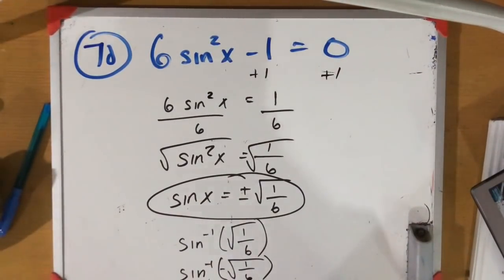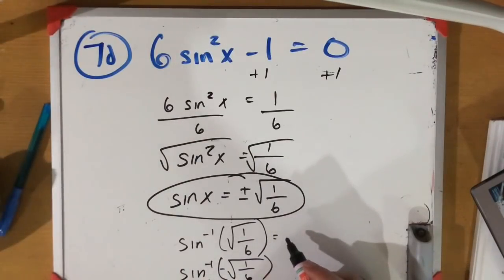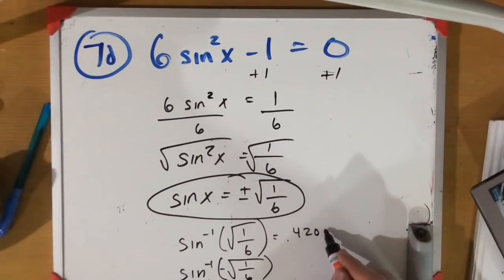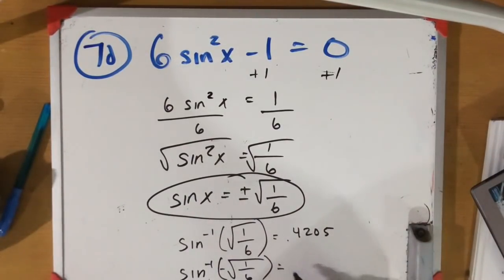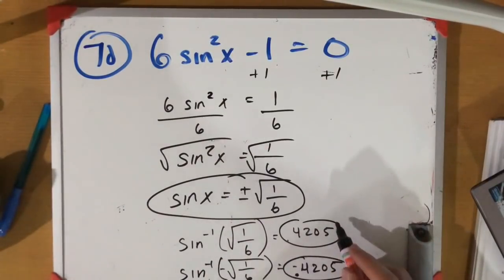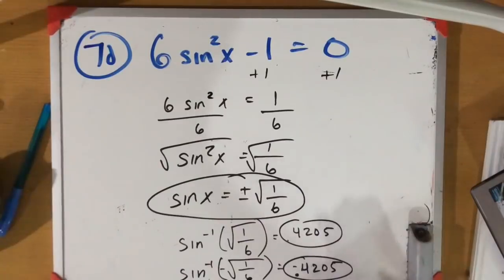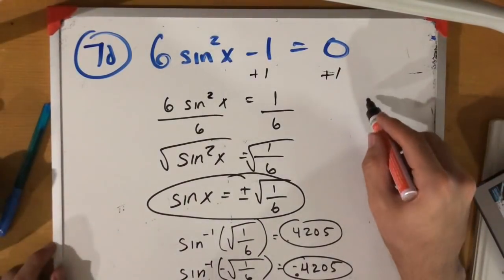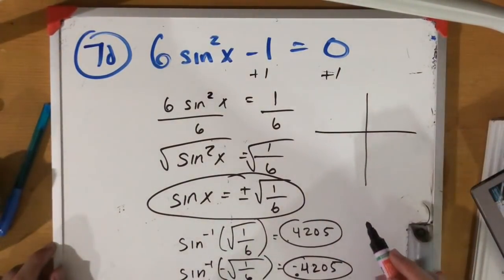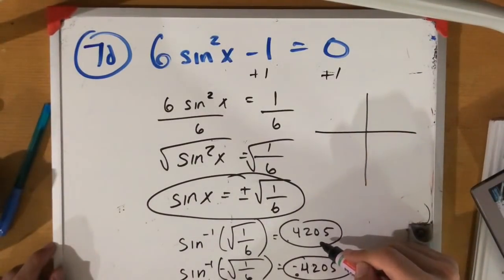Now, I've done these already, so when I put this in my calculator, sine inverse of square root of 1 over 6, I get a base angle of 0.4205. And of course, this would be negative 0.4205. Now these represent my alpha, or my base angles. What I mean by that is if we draw a diagram here, we have 0.4205.